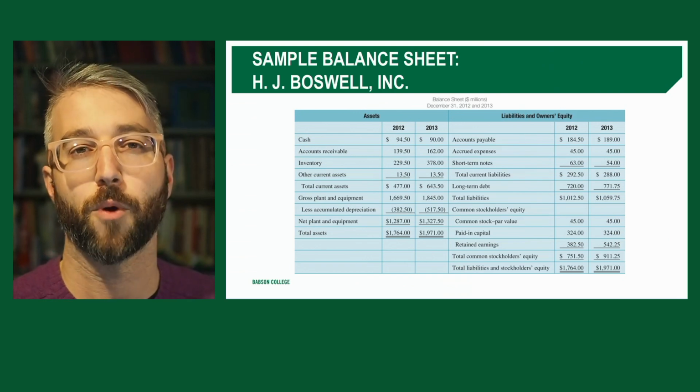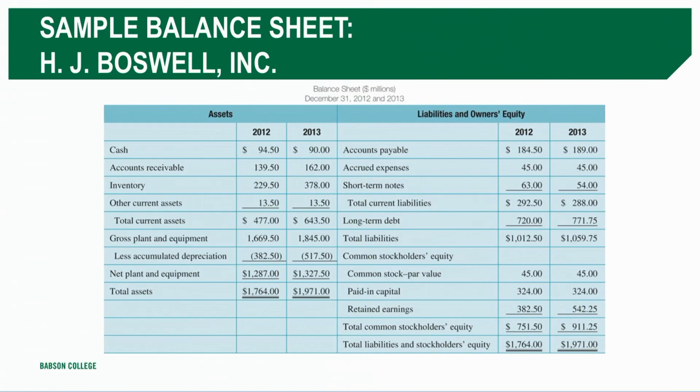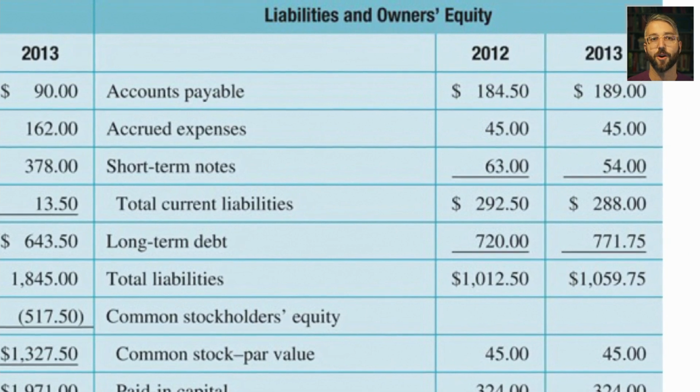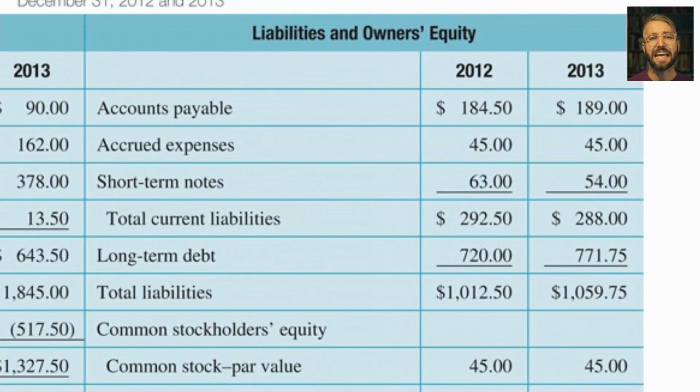Okay, let's move over to the right-hand side of the balance sheet, and let's look at liabilities, which are up here in the upper right-hand corner. Then we'll move to looking at the owner's equity stake. So in the same way that we moved down the asset side of the balance sheet from short-term to longer-term, we're going to do something similar on the liability side. We're going to start with short-term, also known as current liabilities.